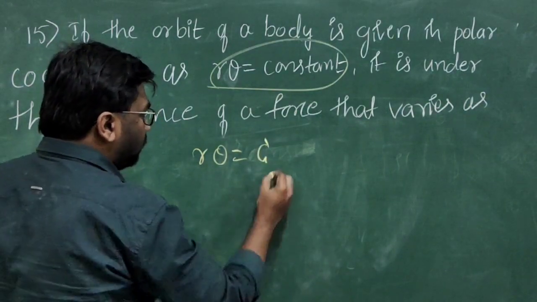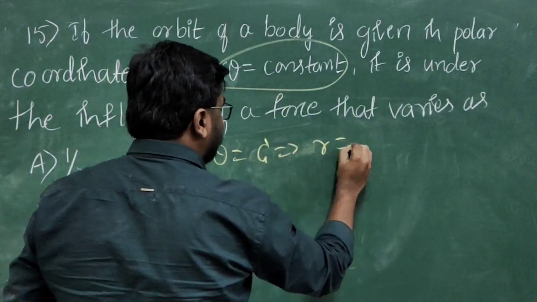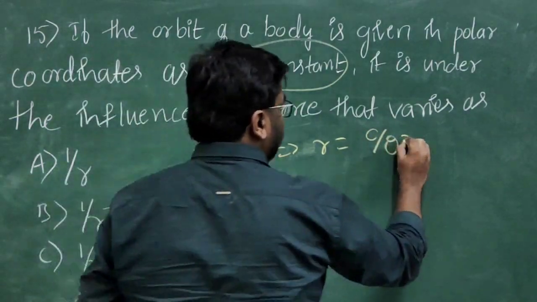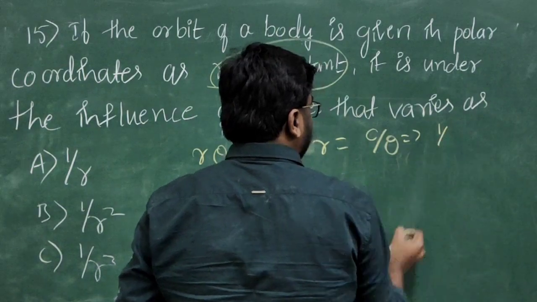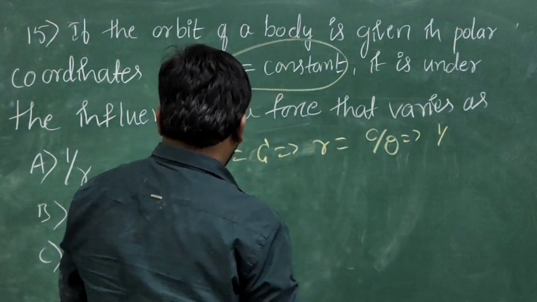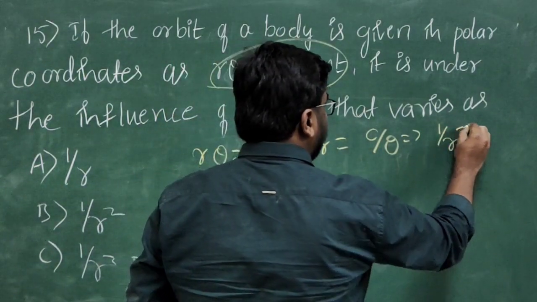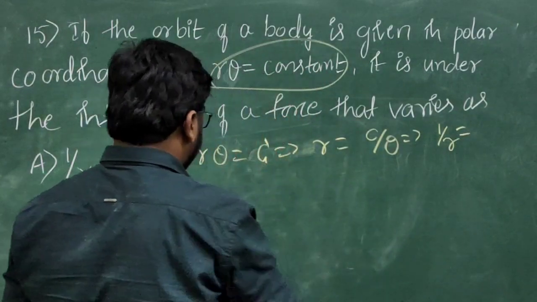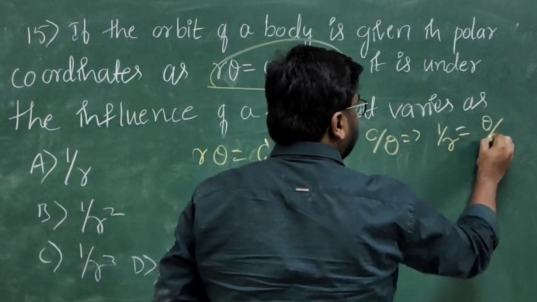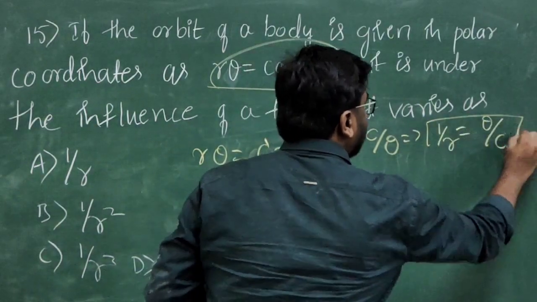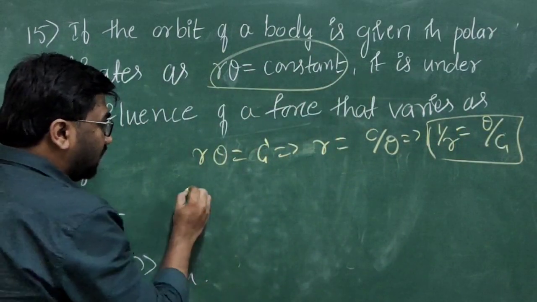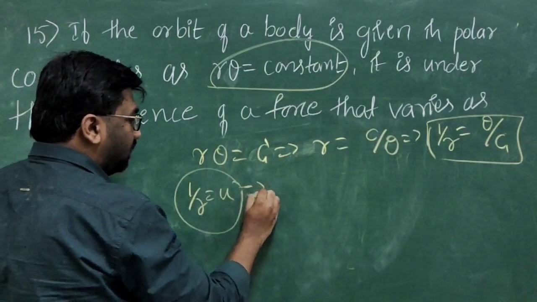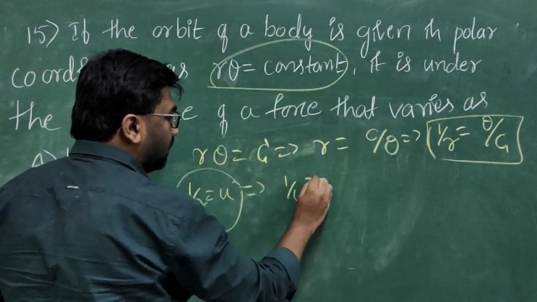So now this implies r is equal to c by theta, then 1 by r is equal to theta by c. Now let us consider that 1 by r is equal to u, then 1 by u is nothing but r.